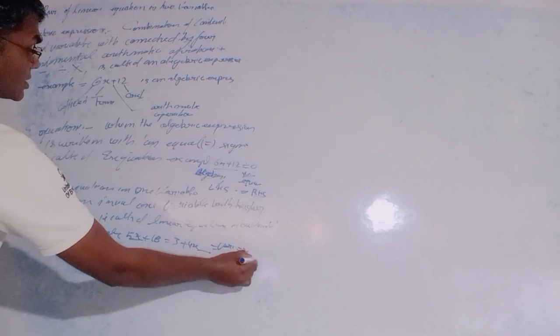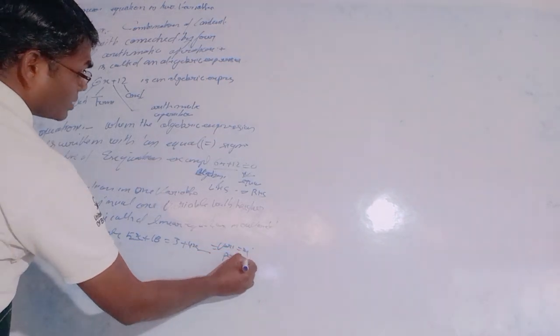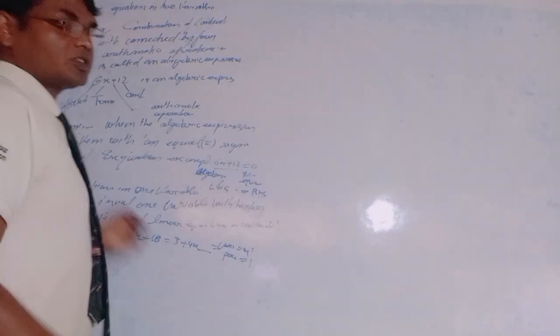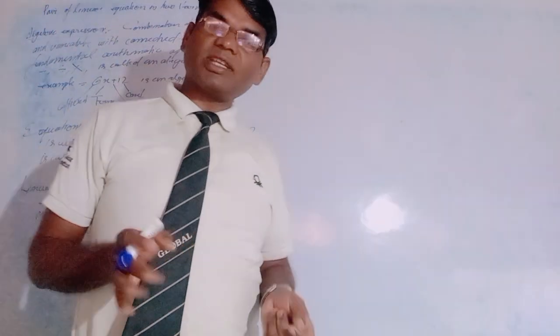The variable is x, and the highest power is x power 1. If the power is not written, we know it is power 1. So all the algebraic expressions that have only one variable are called expressions in one variable. Now we will discuss the solution of linear equations in one variable.